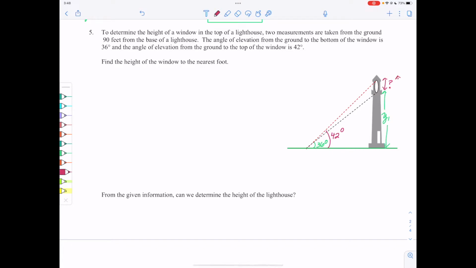And this height will be y2. And then as you can see, the height of that window is going to be y2 minus y1. So let's work on the smaller triangle. We could go ahead and just write that down here.